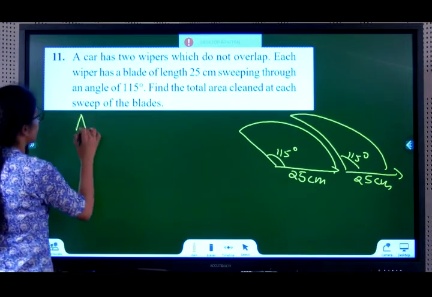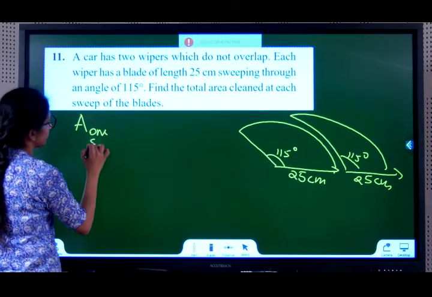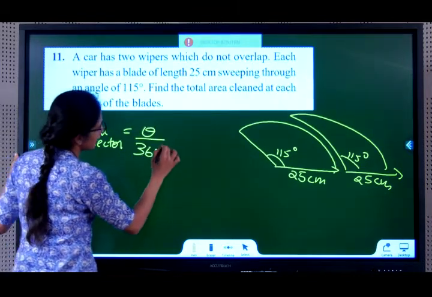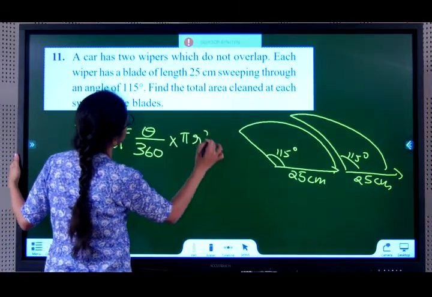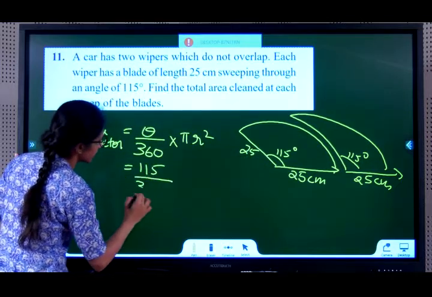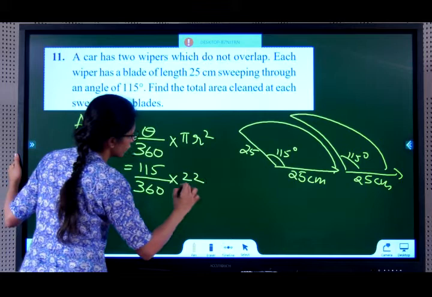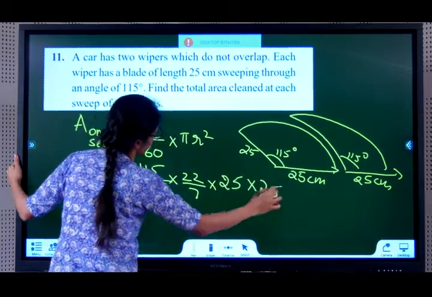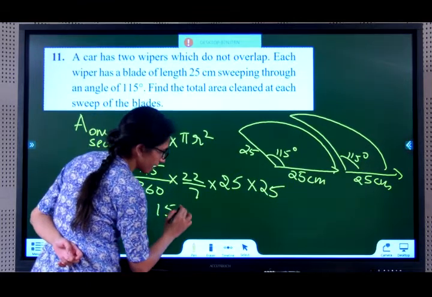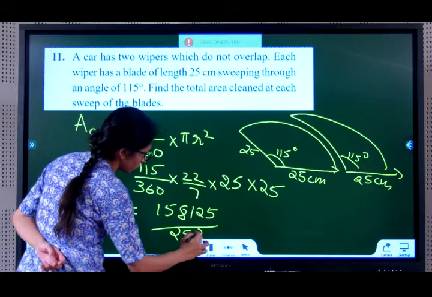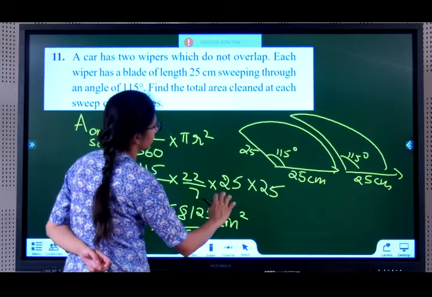So the area of one sector, theta by 360 into pi r square. R is given as 25. 115 by 360 into 22 by 7 into 25 into 25. We get 158125 by 252 centimeters square.